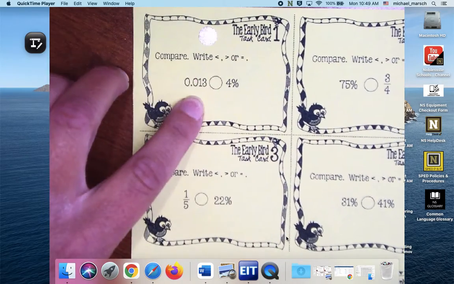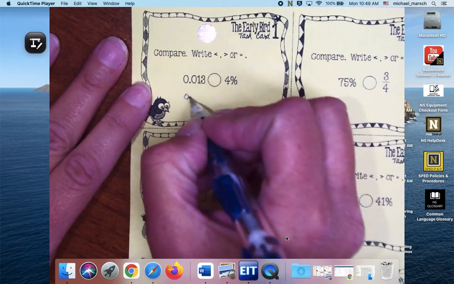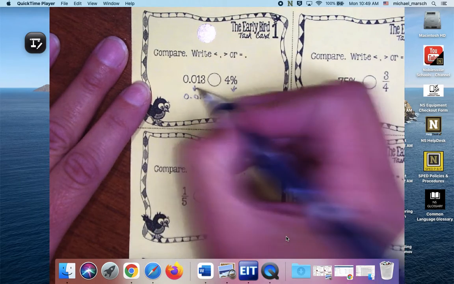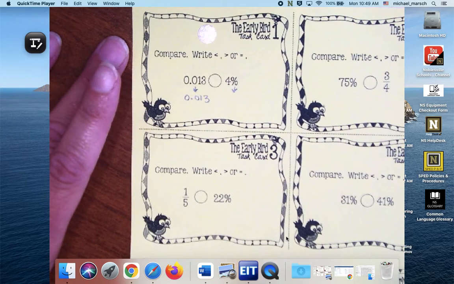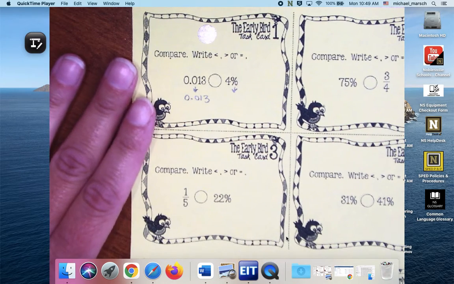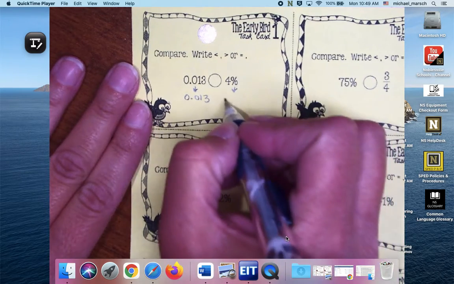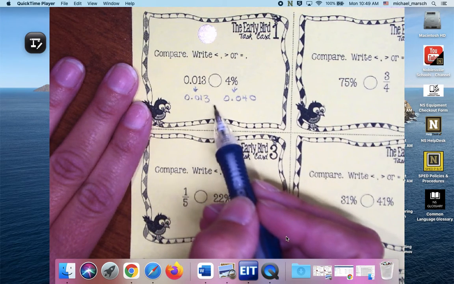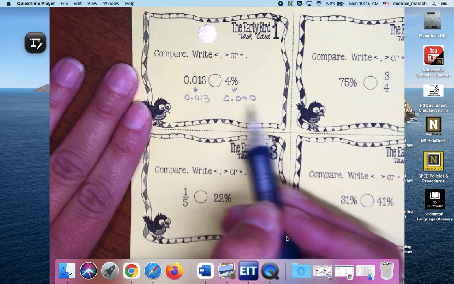So this is great. It's already as 0.013. And then what would 4% be as a decimal with 3 digits? What would it be, Presley? 0.040, right? So since this has 3 digits, I'm going to make sure this one has 3 digits.